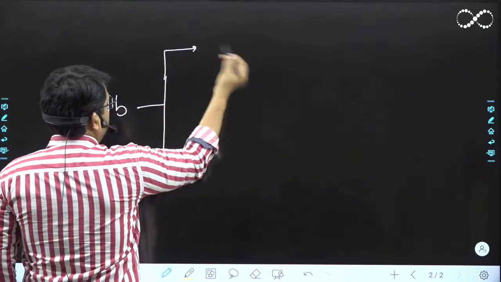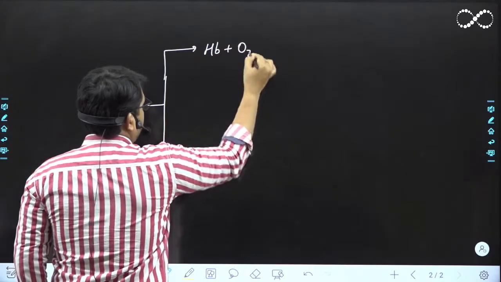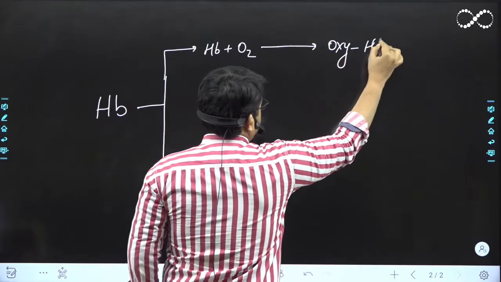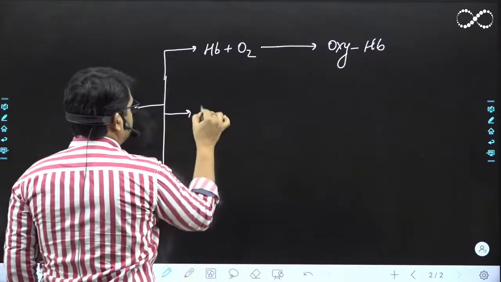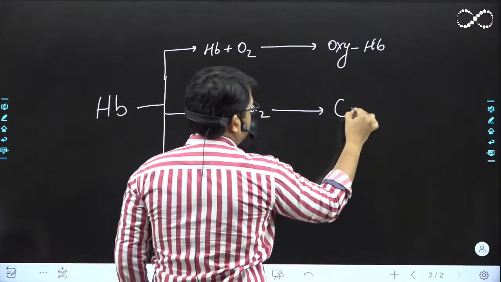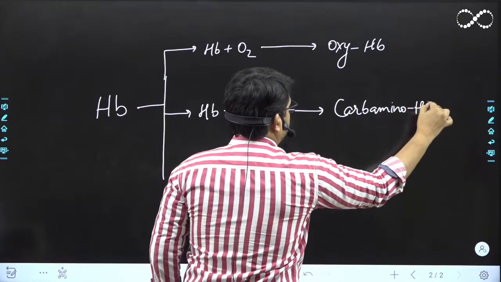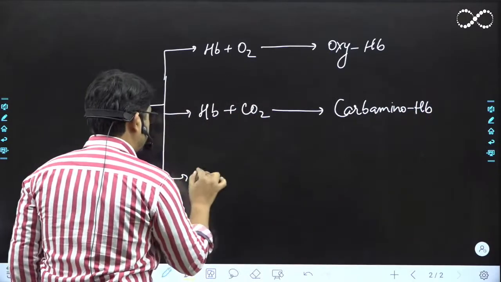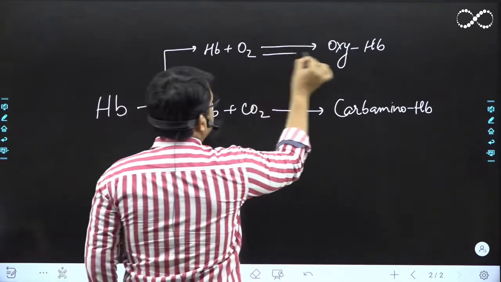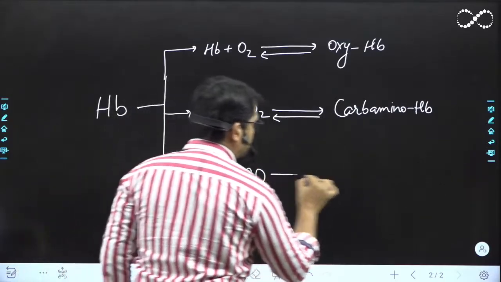Okay, if this hemoglobin HB combines with oxygen, it forms oxyhemoglobin. Okay, if this hemoglobin binds with CO2, it forms carb amino hemoglobin, and if this HB binds with CO, अच्छा ये सब कुछ क्या है? रिवर्सिबल प्रोसेस है. लेकिन अगर CO से बाइंड करेगा तो ये प्रोसेस ऐसा है.